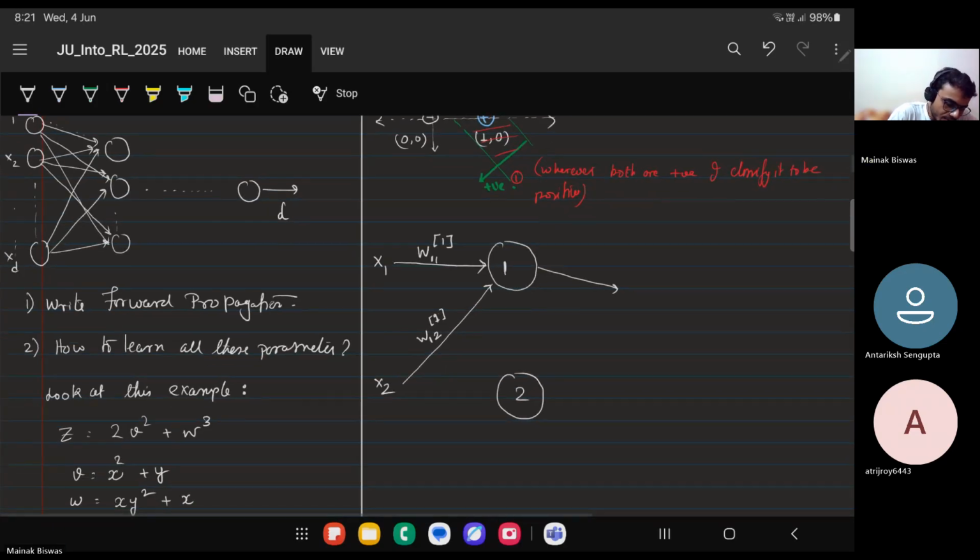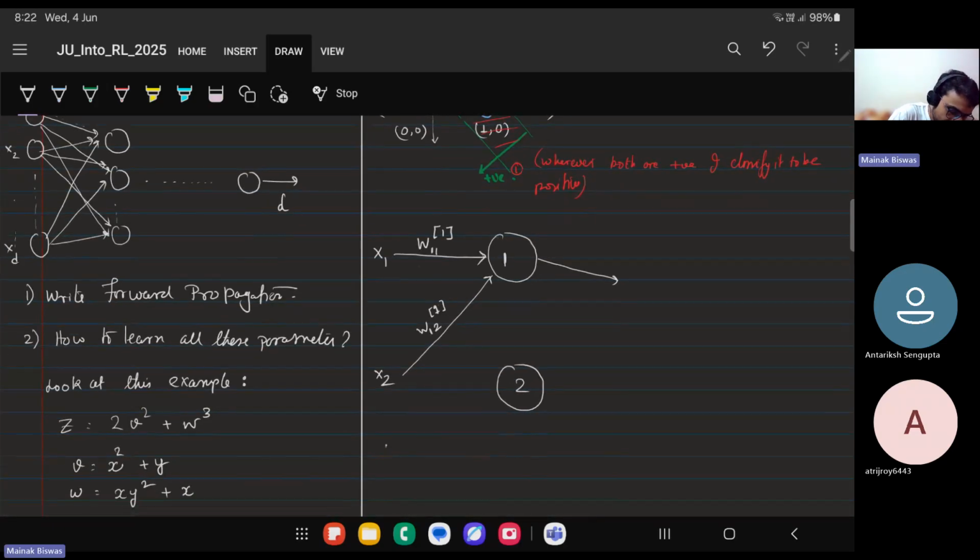So my notation will be W_ij for layer L. So i, tell me, what is it? The output index, the first index, the neuron ID.